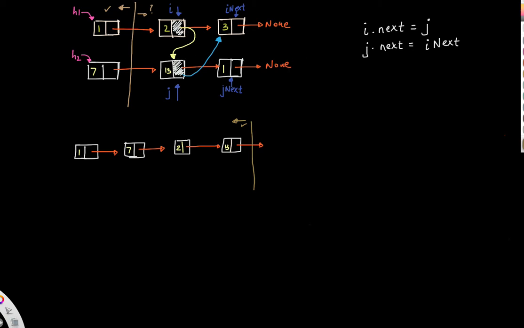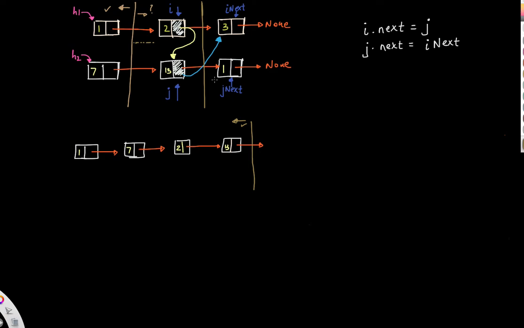Okay, but my loop invariant was about this i and this j. If this brown line has moved over here, from a picture point of view it has actually moved to that end now. But what did my loop invariant tell me? My loop invariant told me that i should always point at one after the brown vertical line, and j should always point at one after the brown vertical line.